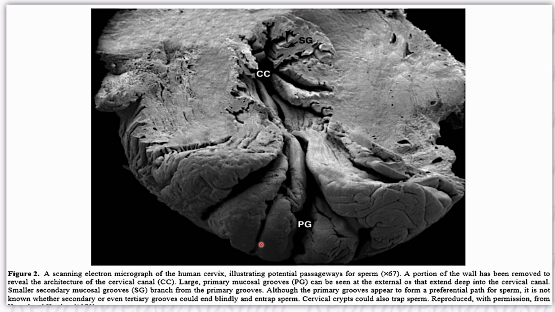We can see the PG, the large primary groove, at the external os, extending deep into the cervical canal. We can see here the secondary grooves. The smaller ones here, marked SG, are the secondary grooves. Although the primary grooves appear to form a preferential path for the sperm, it is not known whether secondary or even tertiary grooves could blindly entrap the sperm.